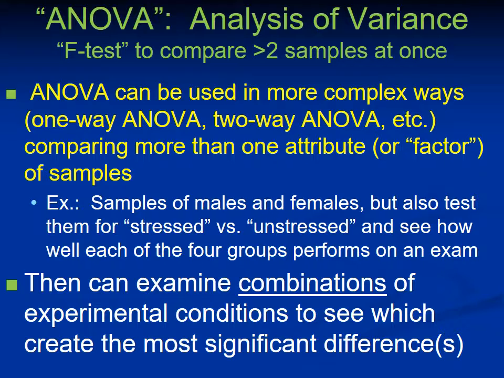So for example, if you have samples of males and females and you want to see how well they perform on a certain exam, but you also think there might be differences in some other measurable attribute like stress level. So maybe here you devise a way to operationally define each subject as either stressed or not stressed, and then you'd also look at data with regard to those attributes.